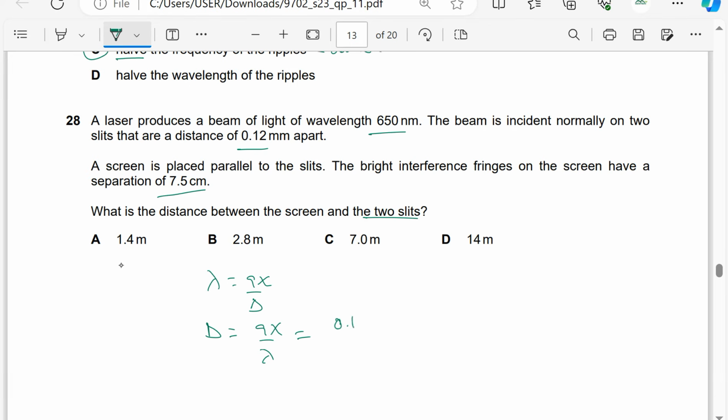So this is 0.12 times 10 power minus 3 times x. x is 7.5 times 10 power minus 2 divided by the wavelength, which is 650 times 10 power minus 9.